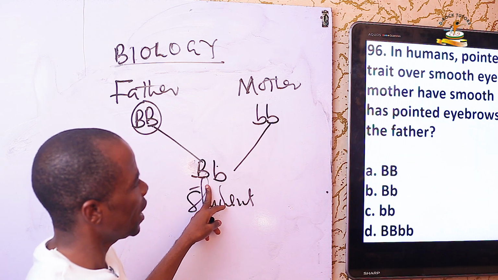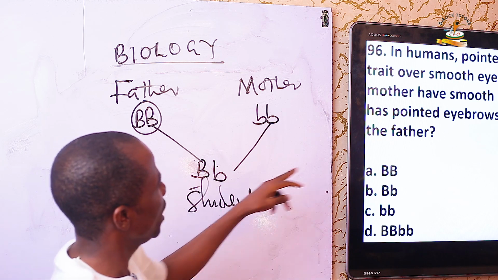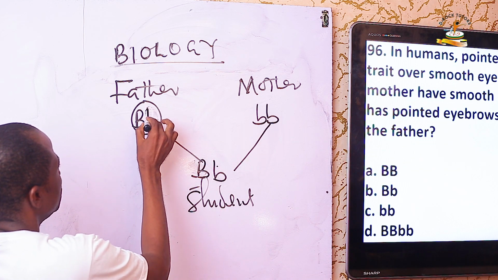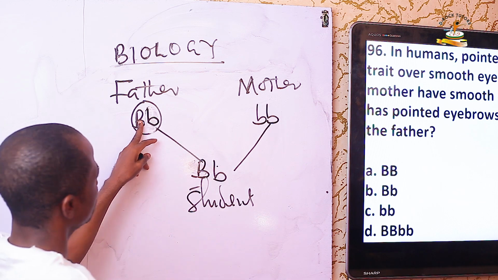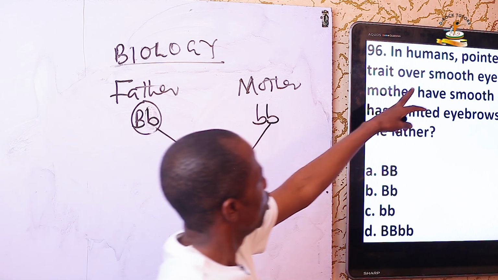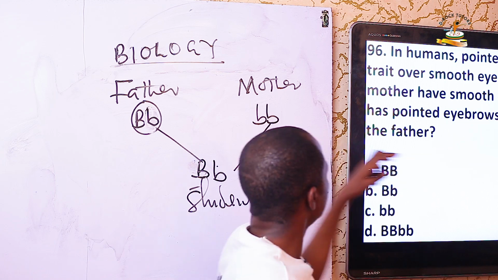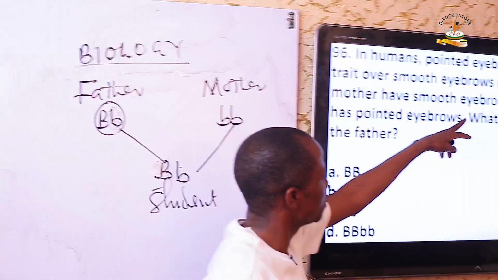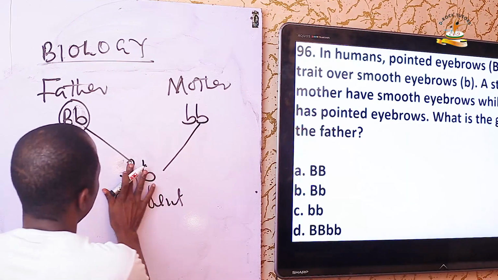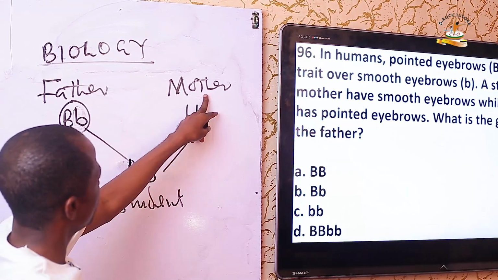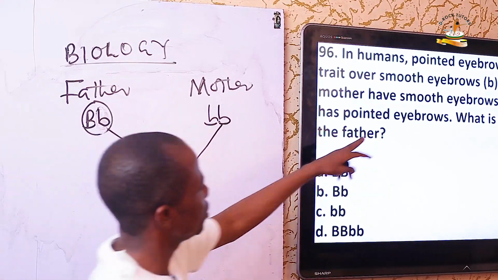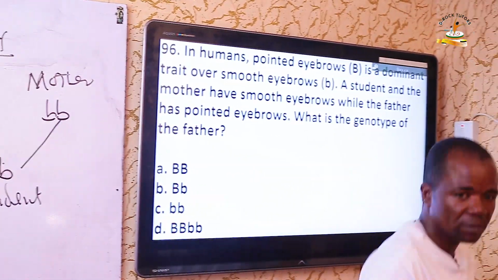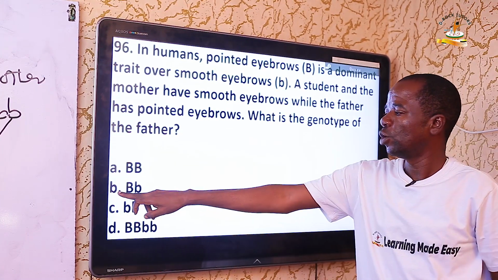He or she would have had a pointed eyebrow. So the correct answer would be B. That is heterozygous for the pointed eyebrow, which is dominant over the recessive one, because we are told that the student here and the mother, both of them are having the smooth eyebrow, which is recessive. So the correct answer for that is option B.